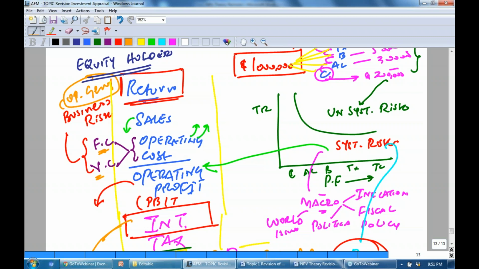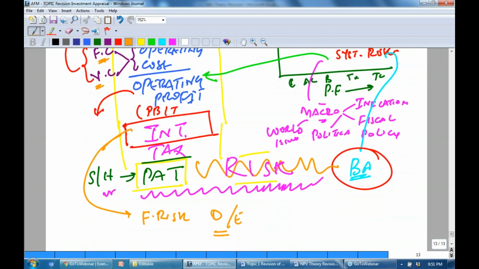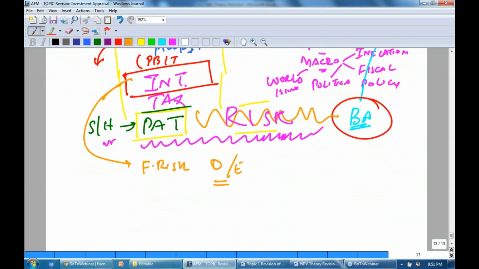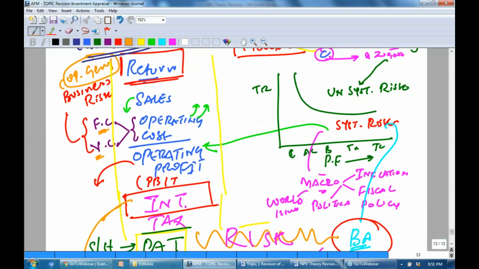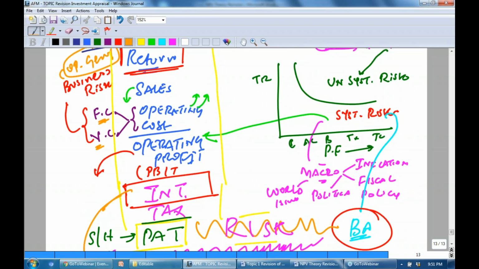Now, candidates, there is a very important further point to consider here regarding financial risk, all the aspects. You have to cover one very important aspect with respect to CAPM.